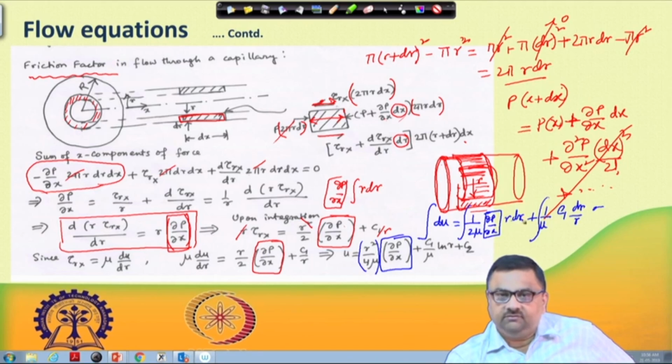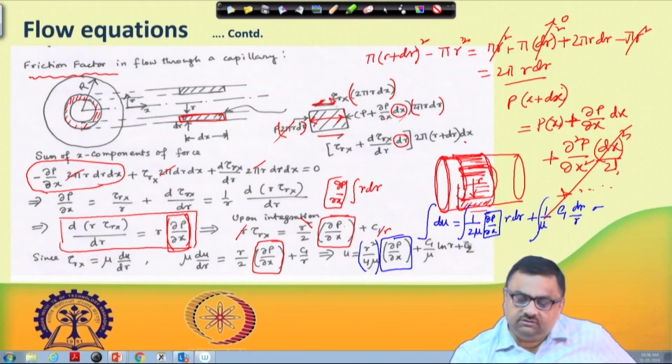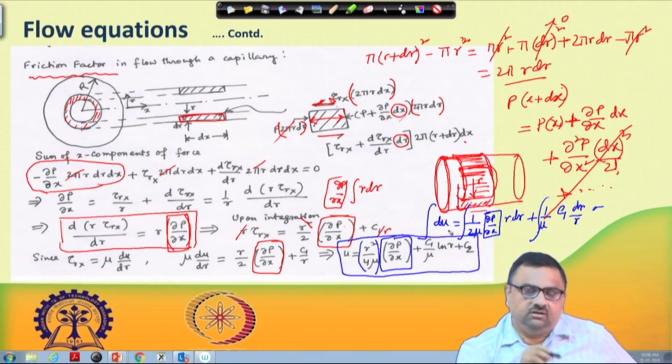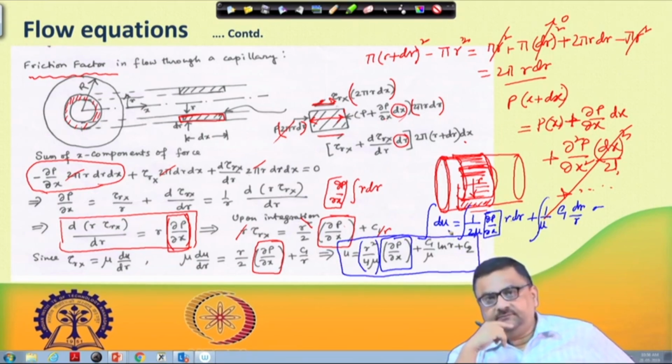C1 by mu comes out of the integration, and dr by r is ln r. C2 is the next constant of integration arising out of this integration. So, this is the master equation for velocity profile for flow through a capillary.